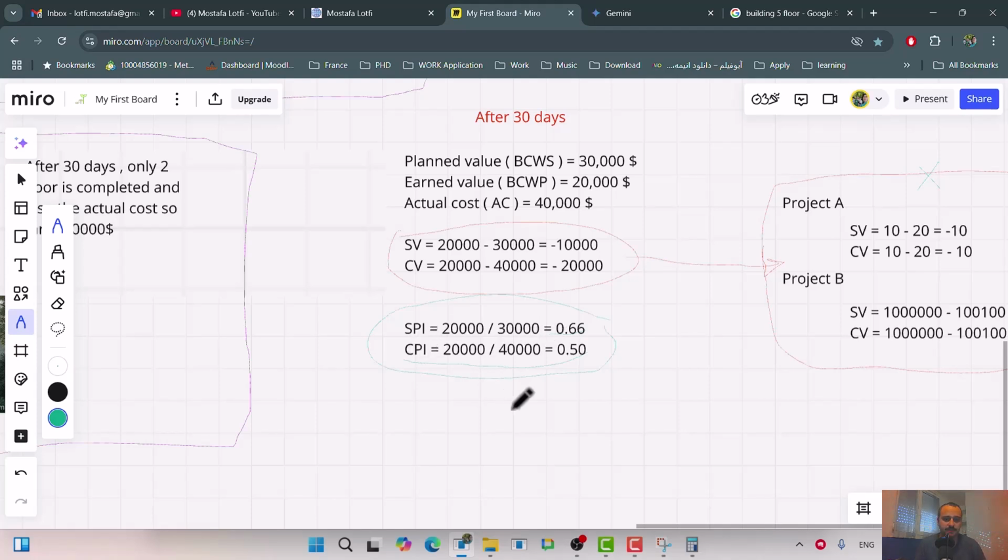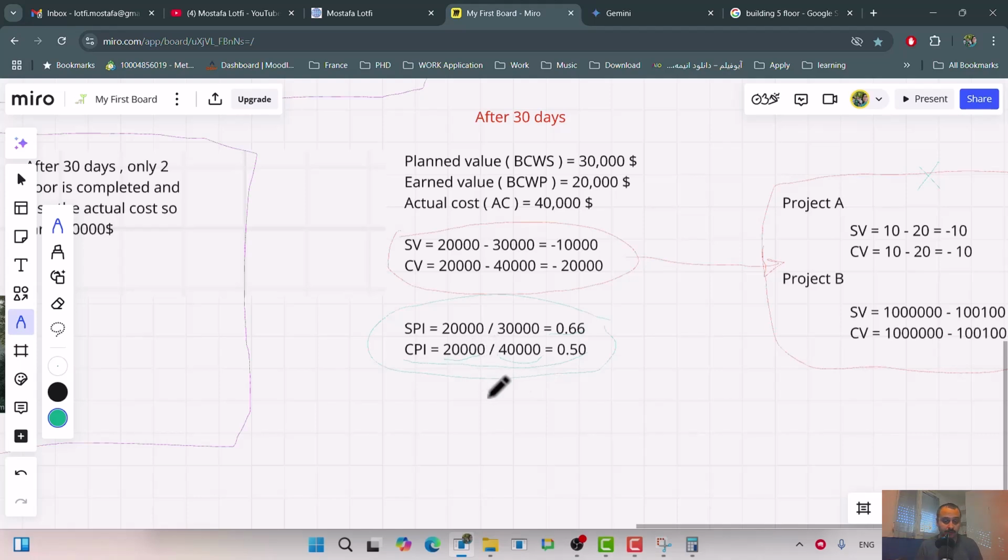Let's start with CPI. In this example, based on our formula, this is the actual cost. This is the amount of money we actually spent in our project. And this is the earned value, 20,000.